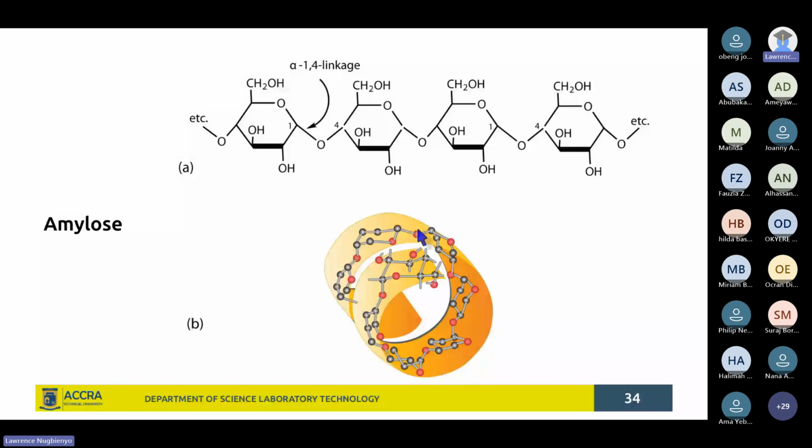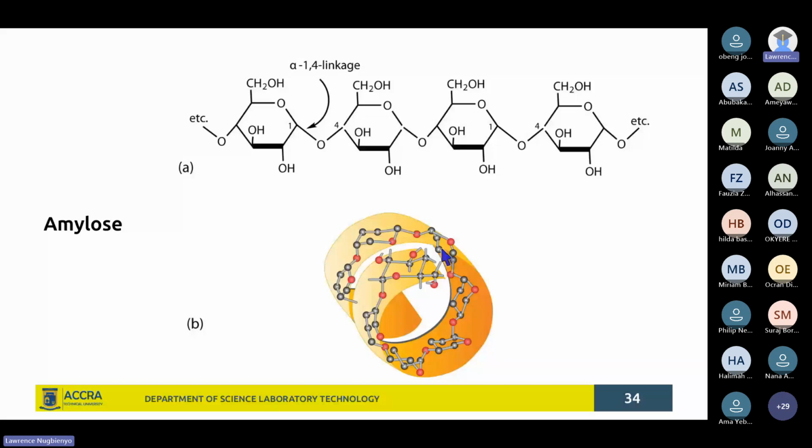Those hydroxyl groups, and even the oxygens that are forming the glycosidic bond between the monosaccharide units, can have some hydrogen bonding interaction, which will result in the formation of such a helical structure in amylose.